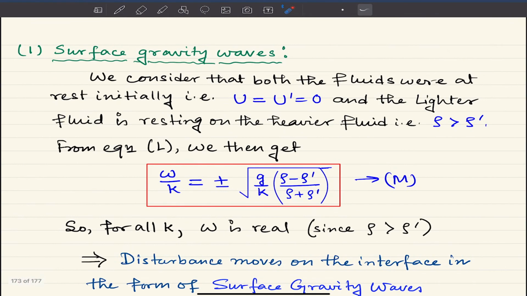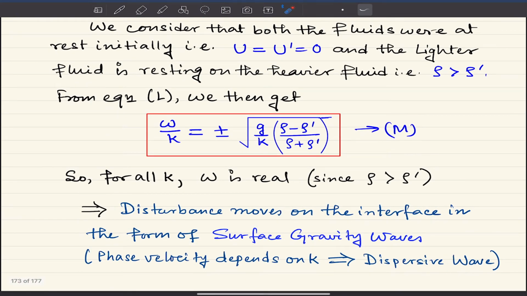In this case, the condition that the two fluid system was initially at rest actually gives birth to a linear wave mode. Any weak perturbation caused to this two fluid interface would give birth to a linear mode whose dispersion relation is given by omega by k equal to plus minus root over g by k, rho minus rho prime by rho plus rho prime.